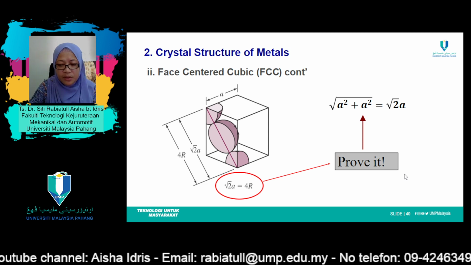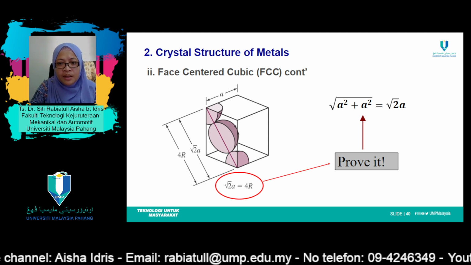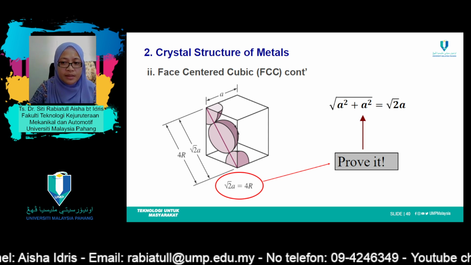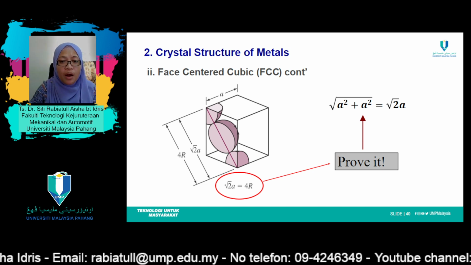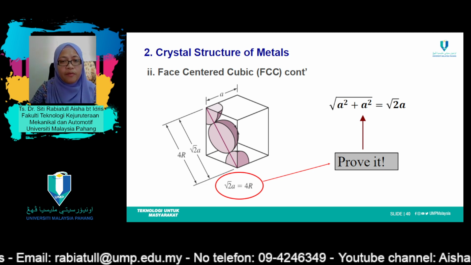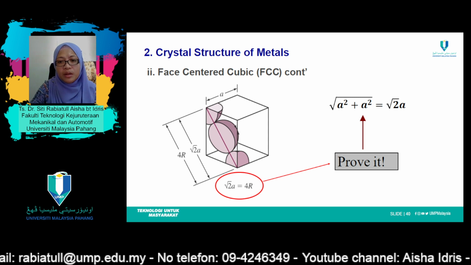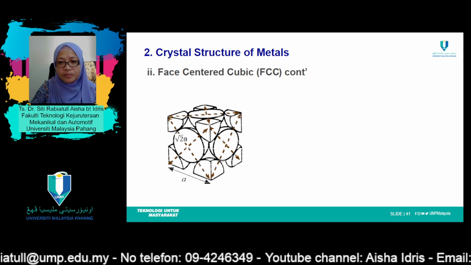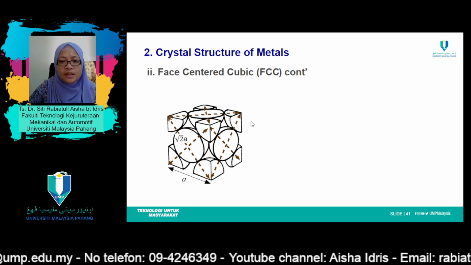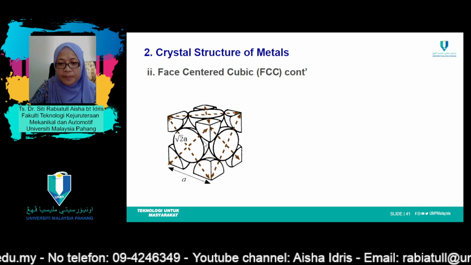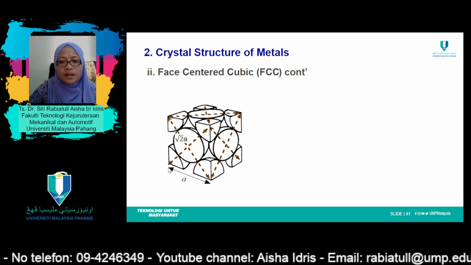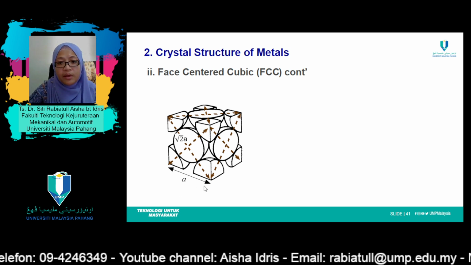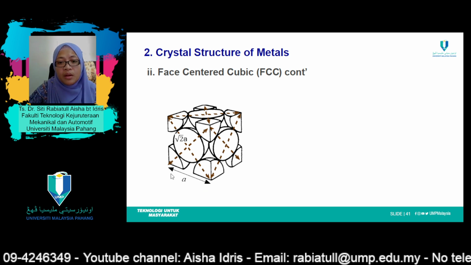Okay, so same steps as in BCC, whereby you need to find the value of R first before you calculate the value of APF. Okay, so now you get this structure, and then notice that this length is always A here, because it is the same cubic.